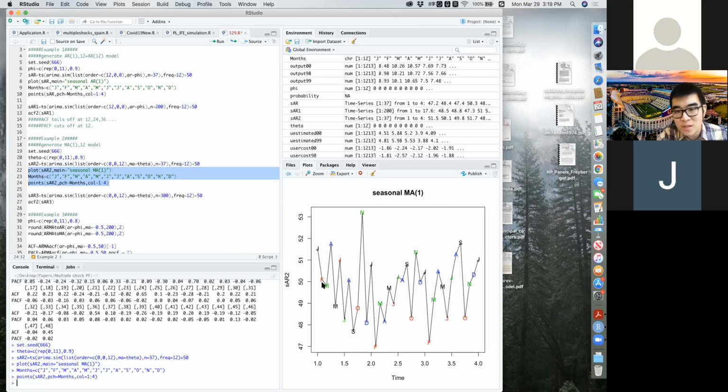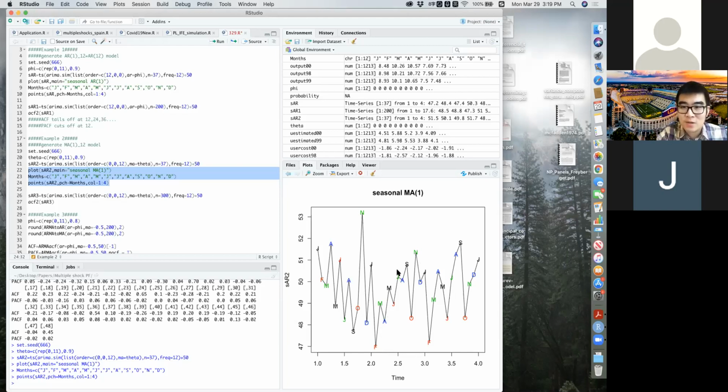In year number 1, it is lower than February and lower than April. However, in year number 2, March is actually larger than February and April. So the seasonality pattern, if you just look at this raw plot, is not that easy to detect, even though it actually has a seasonality pattern.